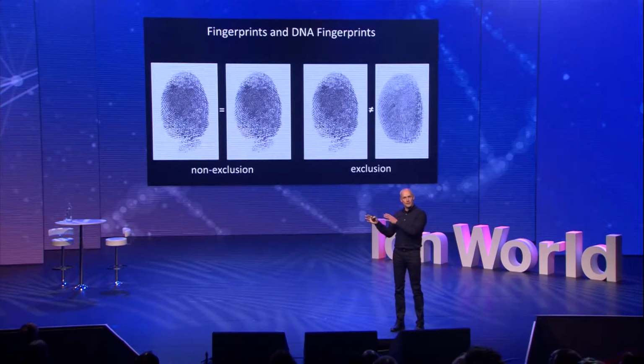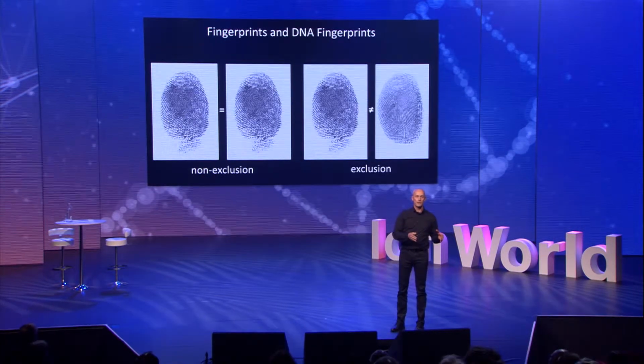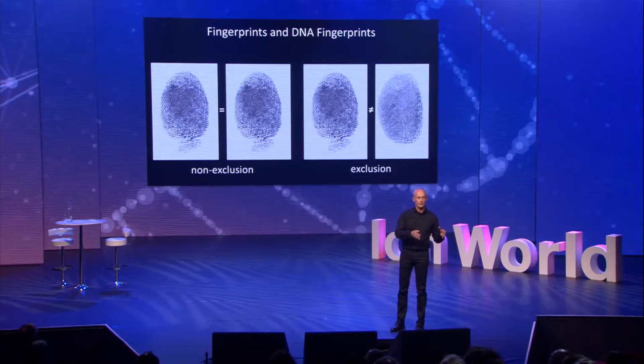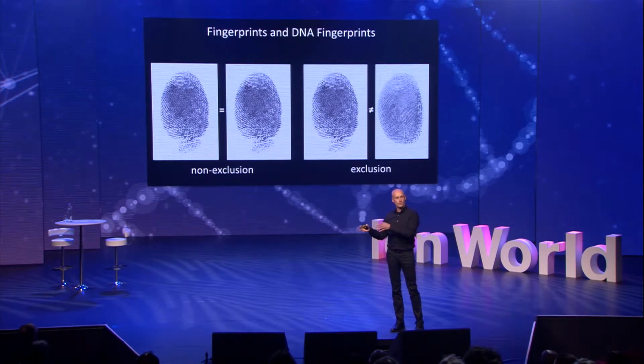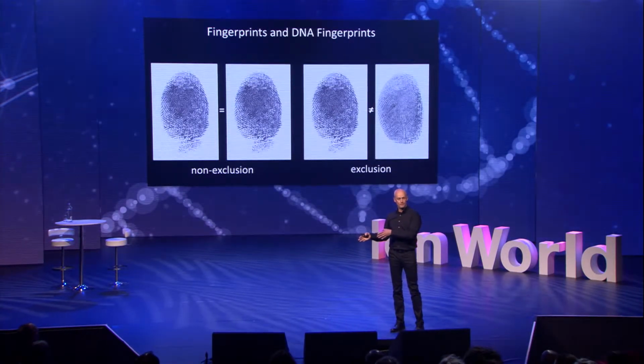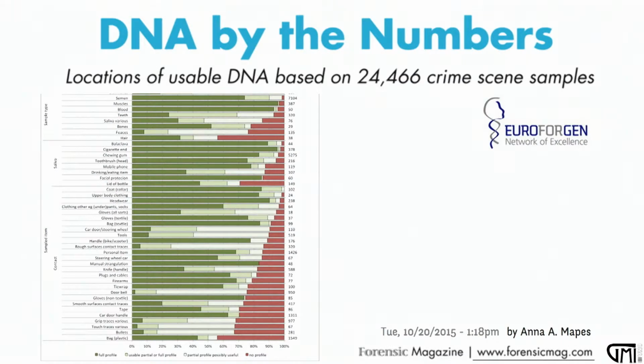If the DNA profile from a crime scene sample does not match the one of a suspect, then this person needs to be excluded as having contributed this sample. If, however, the two DNA profiles are identical to each other, then this person cannot be excluded from donating the sample, and this is what the police can use as evidence in order to solve a case.